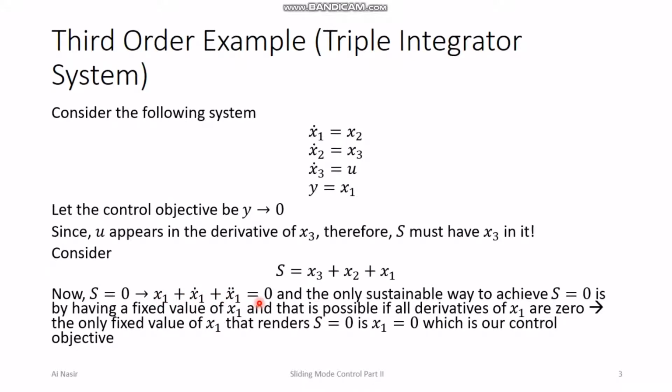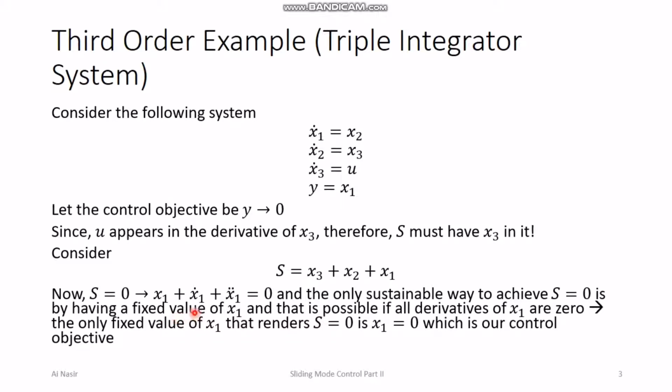Since our desired value of x1 is 0, this is the error term, this is the derivative of the error, and this is the second derivative of the error. So the only way S equal to 0 is sustainable is to have all of these three simultaneously 0.